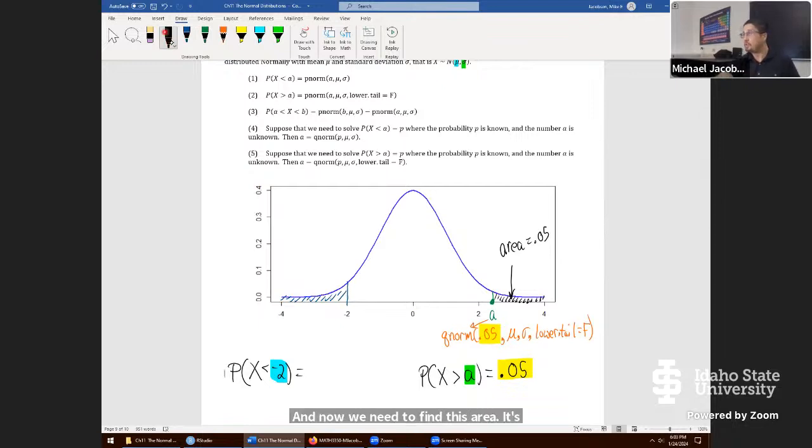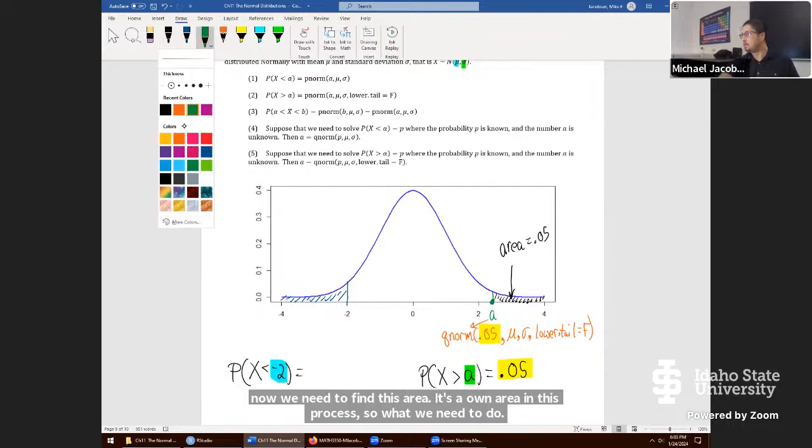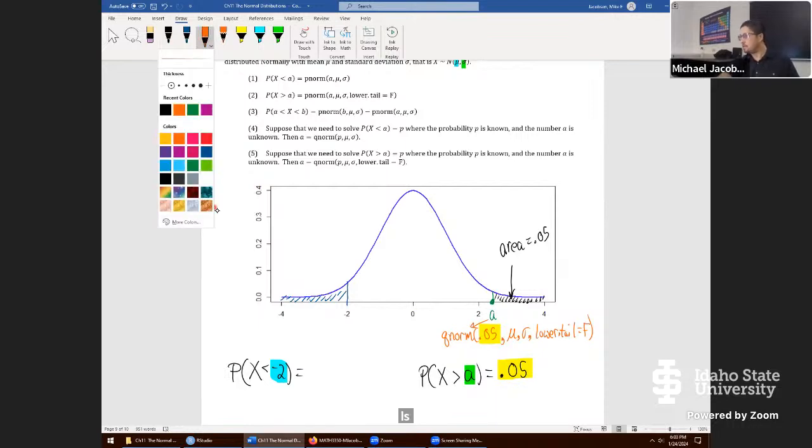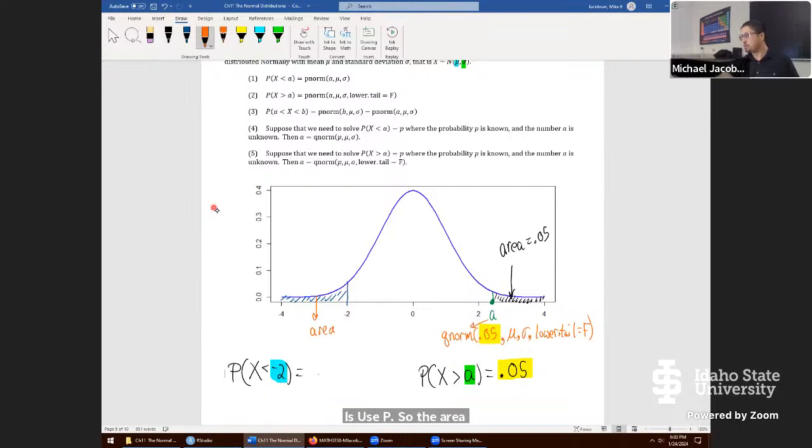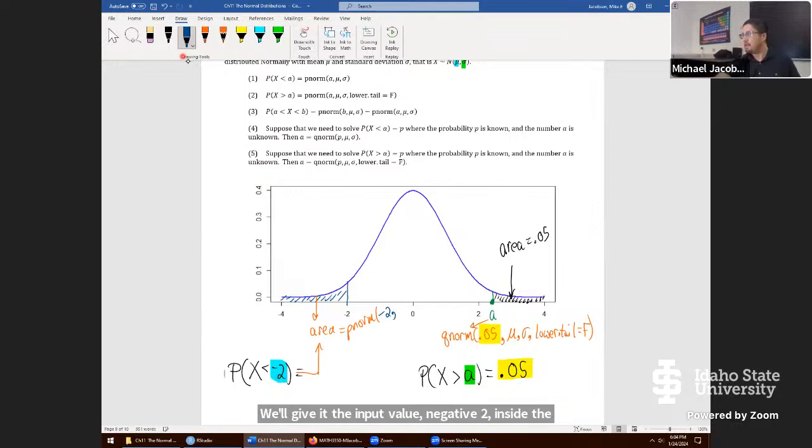So what we need to do is use P-norm. So the area, which is what the probability is going to be equal to, will be P-norm. We'll give it the input value, -2, inside the probability statement. So -2 goes here. And then back to mu and sigma.